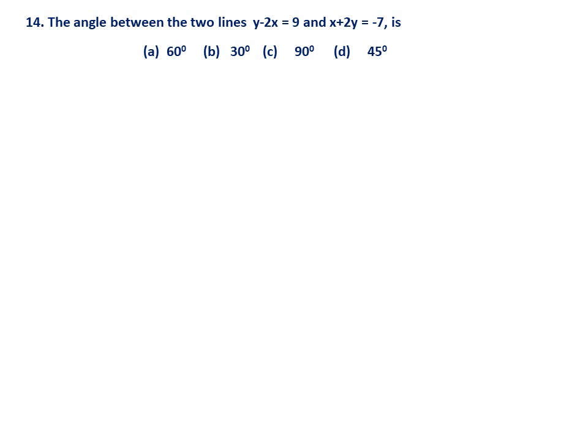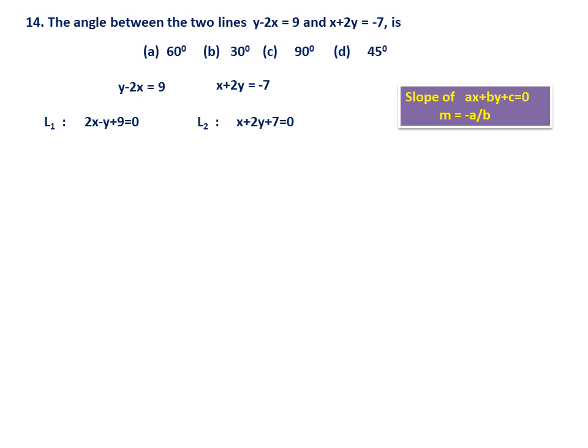Let us proceed. 14th question. The angle between the two lines y minus 2x equal to 9 and x plus 2y equal to minus 7 is. So, here what we can do is first find the slope of these two equations. What is the formula?